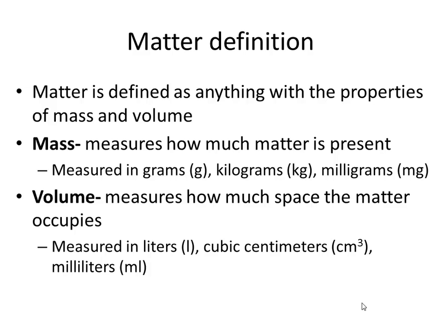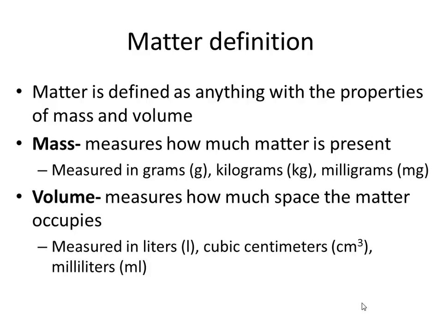Okay? So matter is defined as anything that has the properties of mass and volume. Mass just measures how much matter is present. Essentially, you're measuring how many particles are there. That's what mass measures, indirectly.